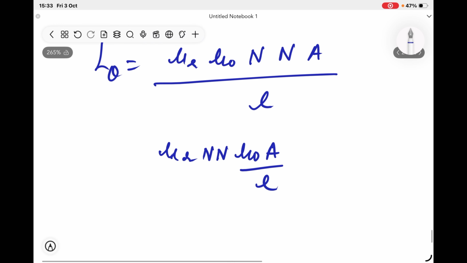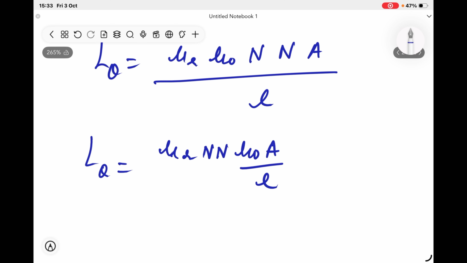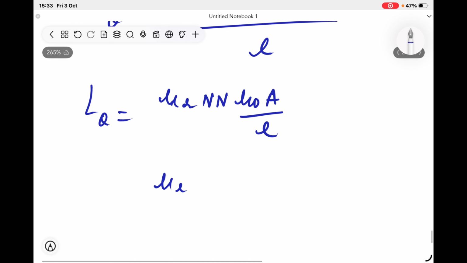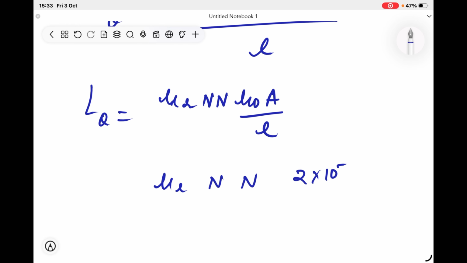So you can substitute mu r as it is, n into n as it is, and this is 2 into 10 to the power minus 3 upon 200 upon 200. And now you can check for mu r.